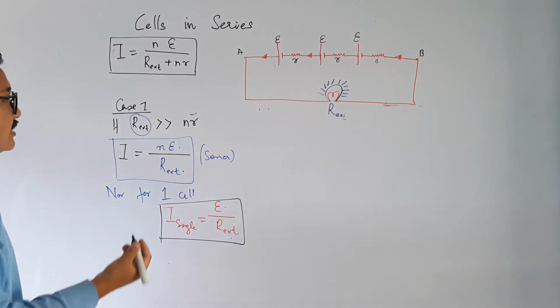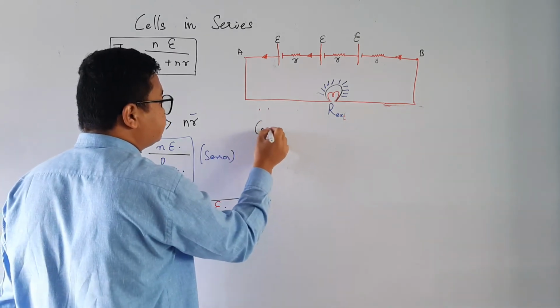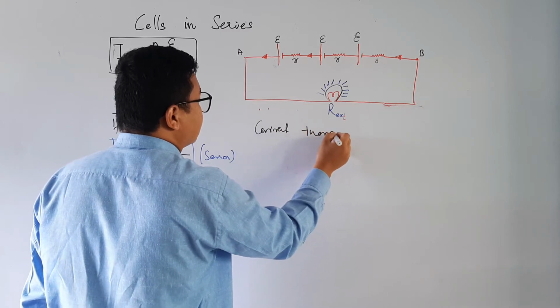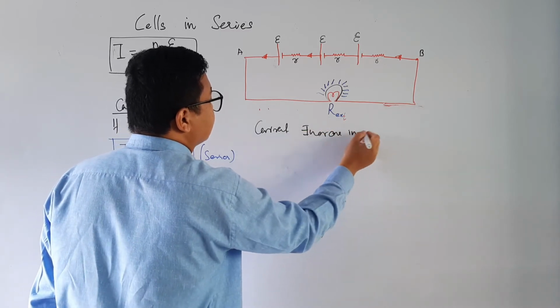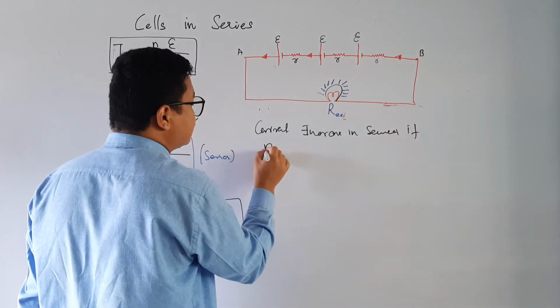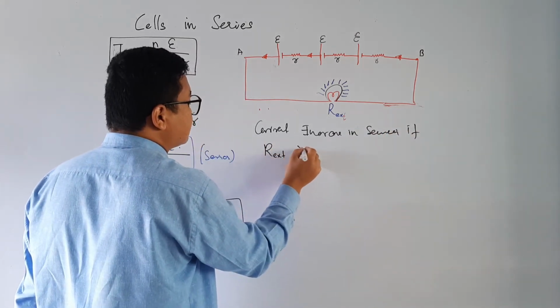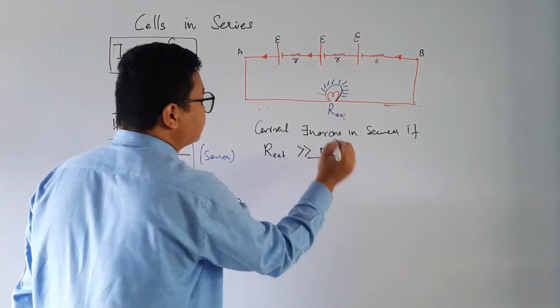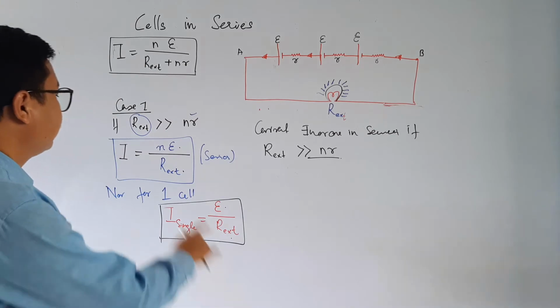So the conclusion, we can say the current increases in series if external resistance R_EXT is much greater than internal resistance, that is nr. This is very important. Why? There is n.